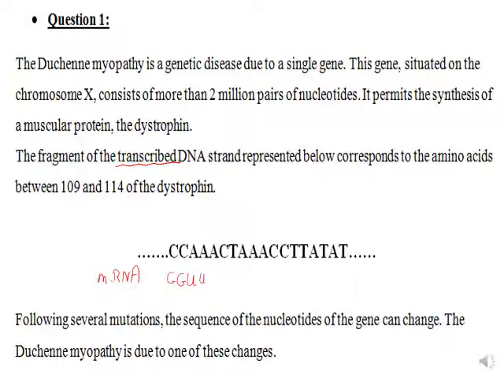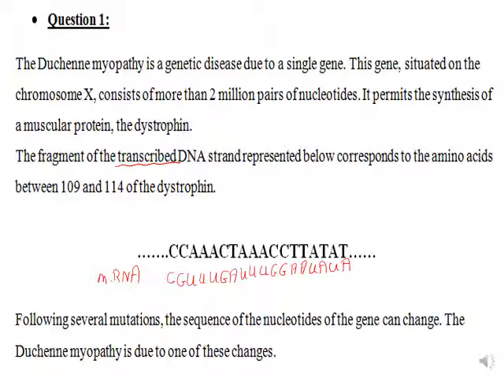A, also it's U, since there is no T. A, also it's U. C, it's G. T, it's A. A, it's U. C, it's G. C, it's G. T, it's A. A, it's U. T, it's A. And finally, T, it's A.